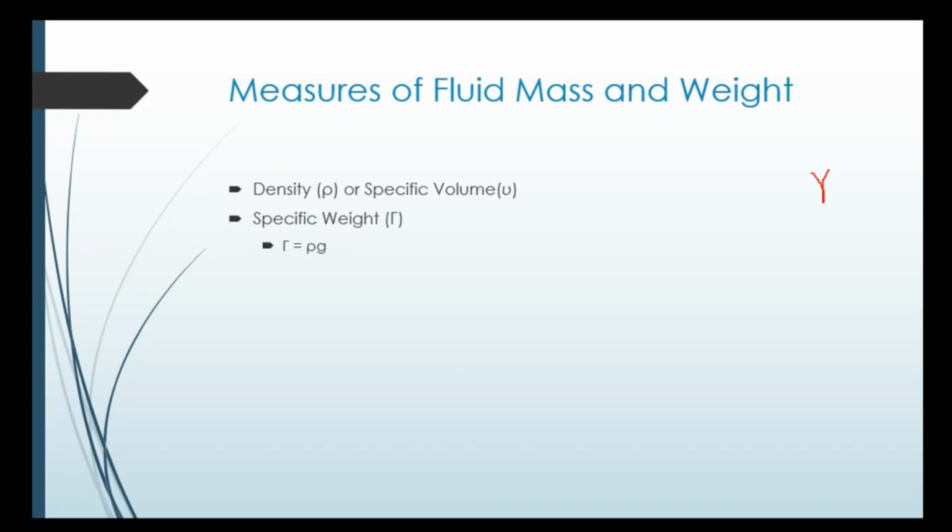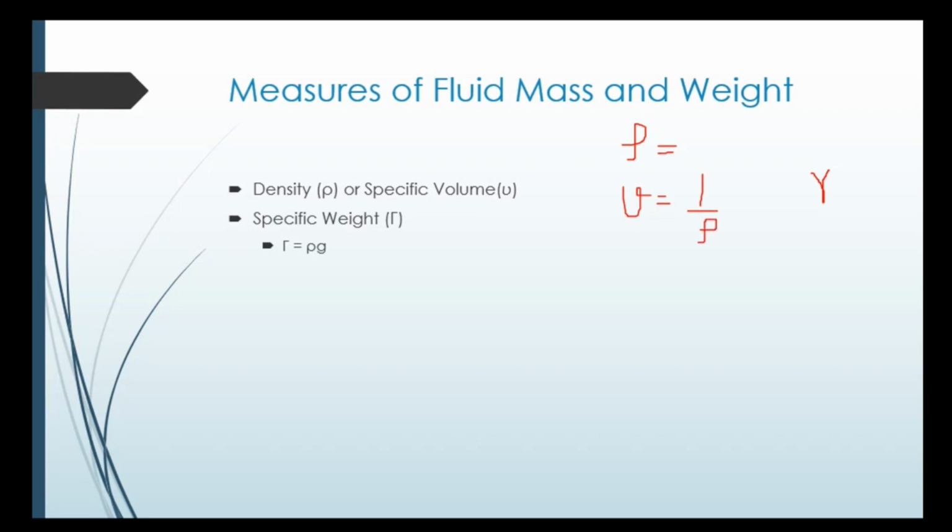Specific volume is the inverse of density. Density is mass per unit volume, and specific volume is volume per unit mass. Density is rho, and specific volume is 1 over rho.